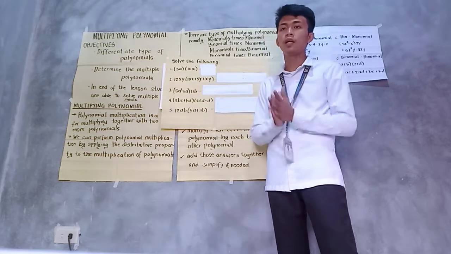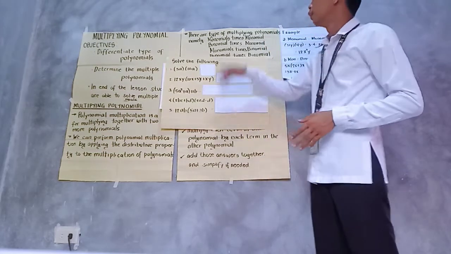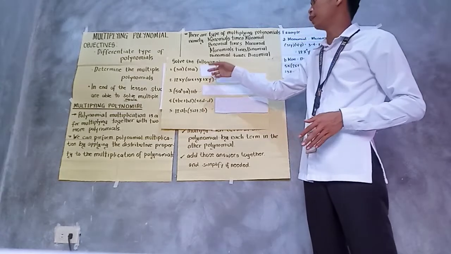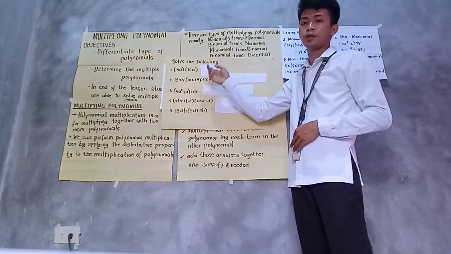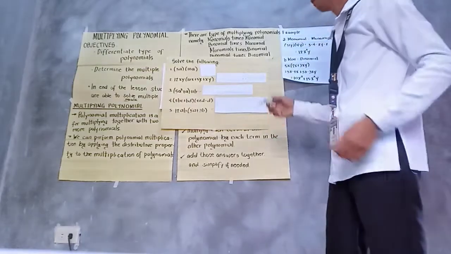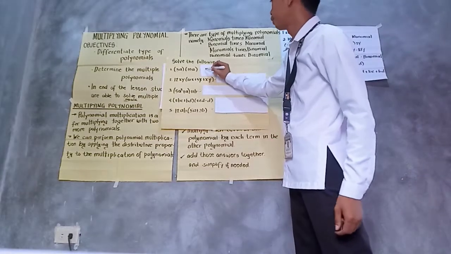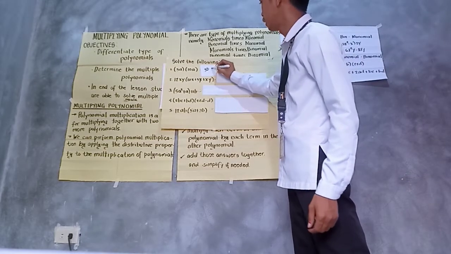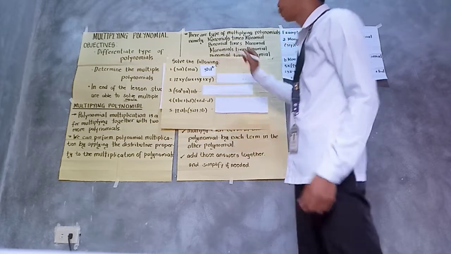Okay, now let's check if your answers are correct. The answer for number 1 is 58 squared.